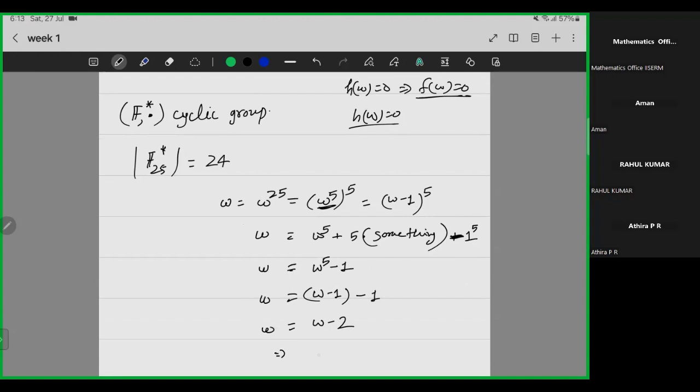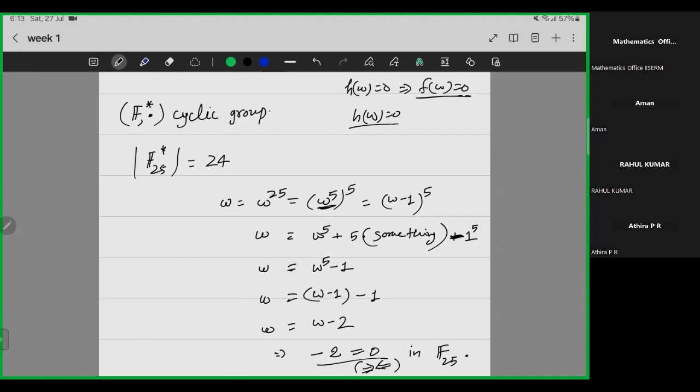So this implies minus 2 is equal to 0 in Z5; this calculation is happening in F25. And this is a contradiction.